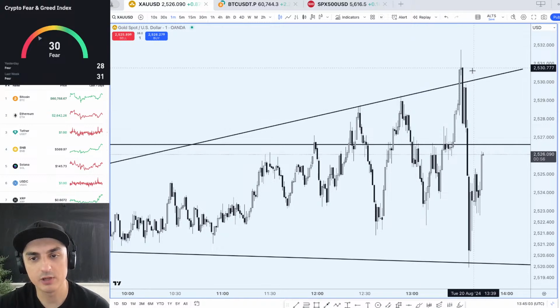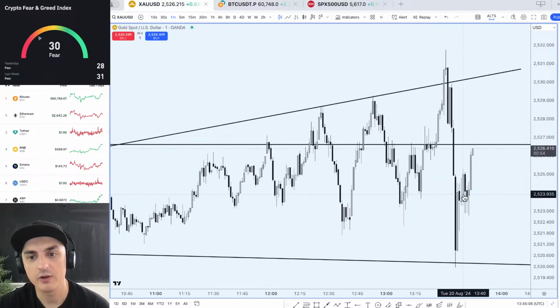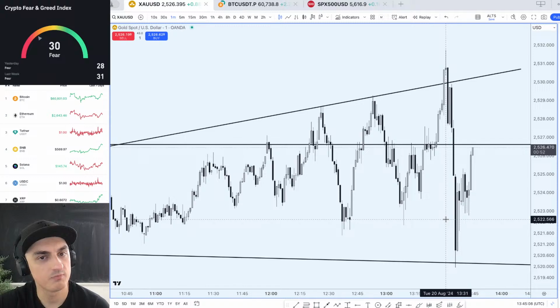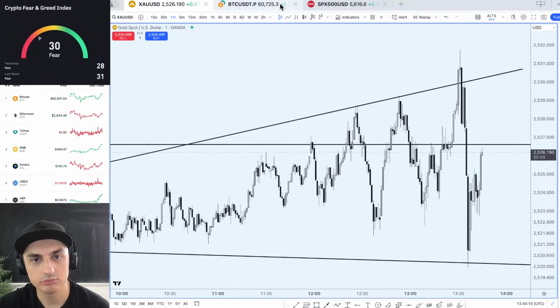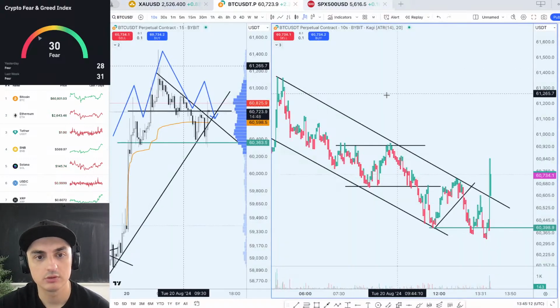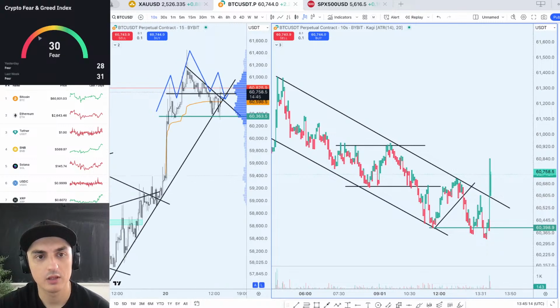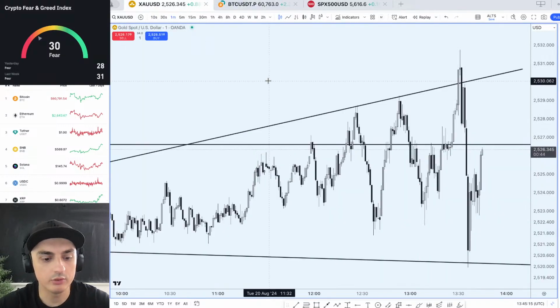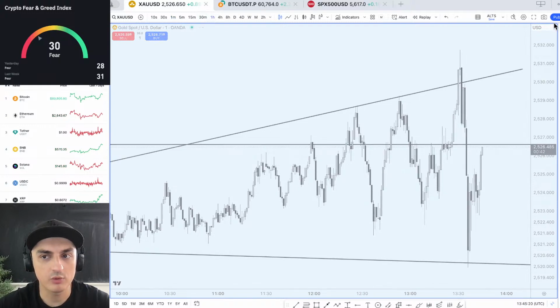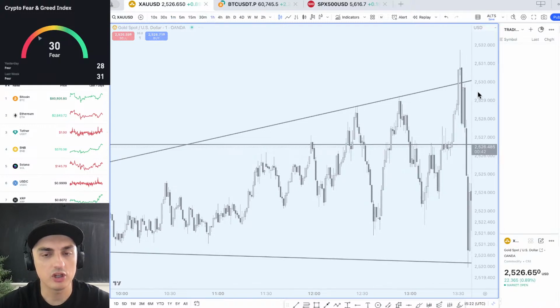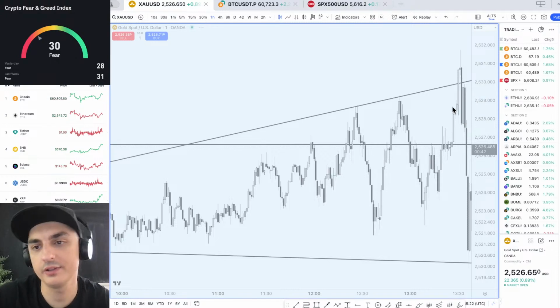Gold made some kind of short squeeze over here, and right now is trying to push to the upside. So yeah, I would also like to get back to the 1 hour time frame on Bitcoin and check my marks over it.